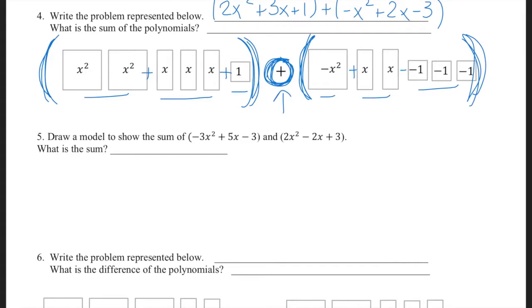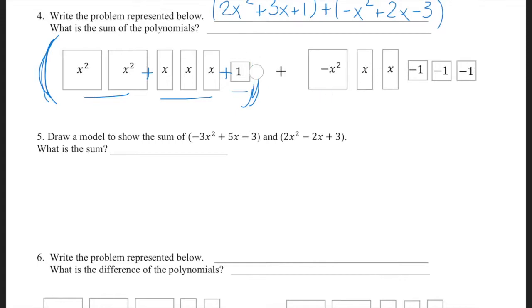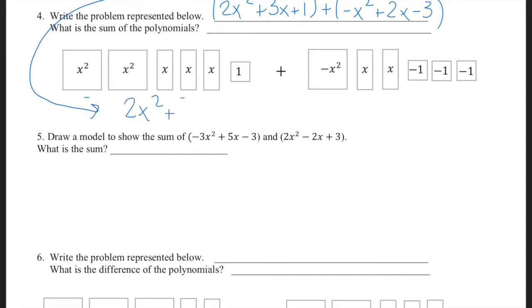Now, when you're adding polynomials, you can basically rewrite the whole expression without the parentheses and combine like terms because the plus is not going to change any signs. So I'm going to take what I see here and rewrite it down here without parentheses. 2x squared plus 3x plus 1 minus x squared plus 2x minus 3.